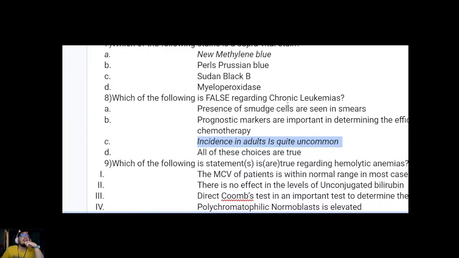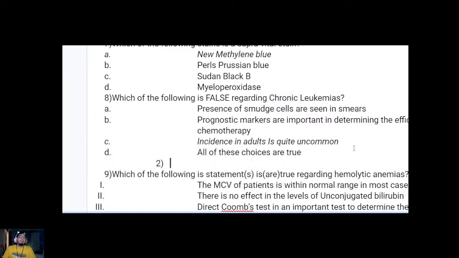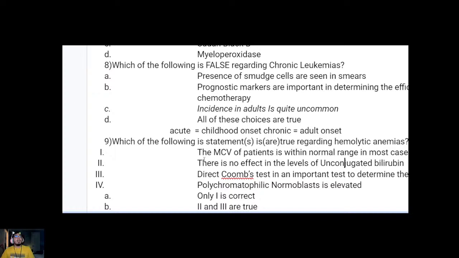Kasi kapag sinabi mong chronic, di ba matatanda, adults usually ang onset. Acute, equal to childhood onset. Chronic, usually adult onset. Okay? Kaya para hindi maloka yung mga students.